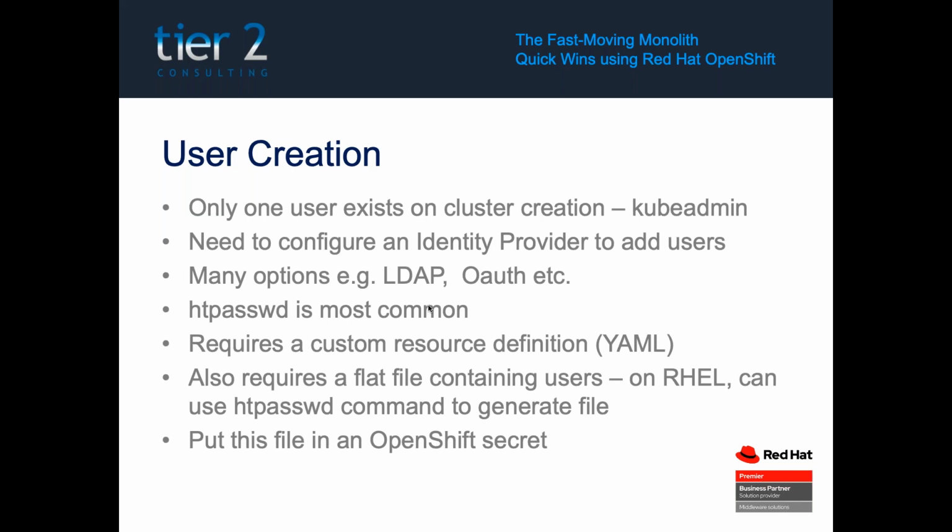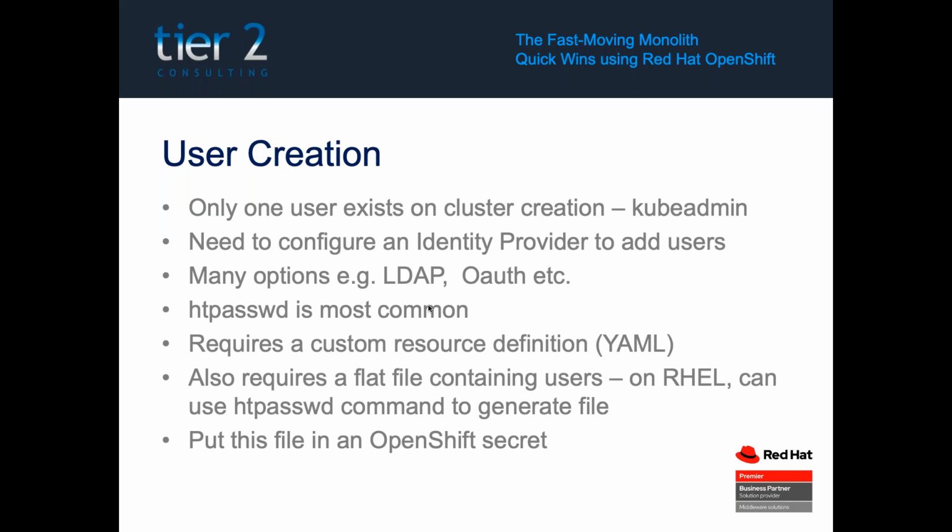If you're going to create one of these, then the way that you get it up into OpenShift is by creating what's called a custom resource definition, which is, again, another piece of YAML configuration. And you'll also need to generate the flat file that contains the users and passwords. Now, if you're on Red Hat Enterprise Linux, you can just do this with a command. There's an htpasswd command that'll do this.